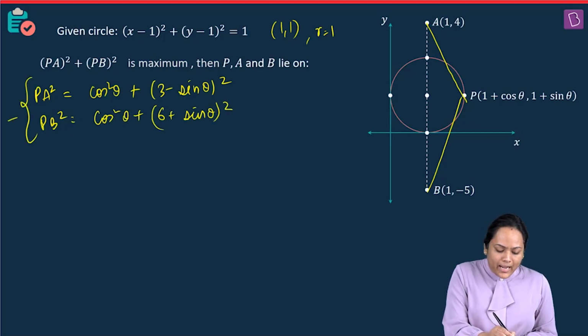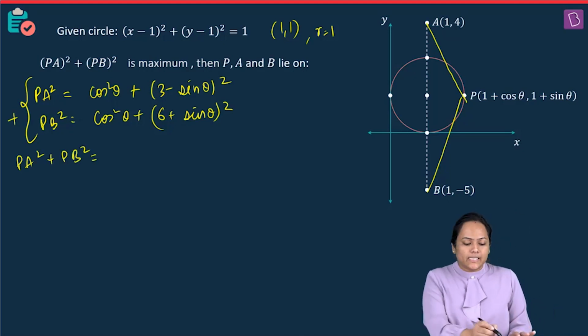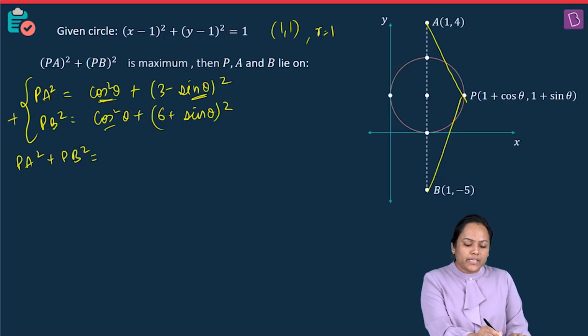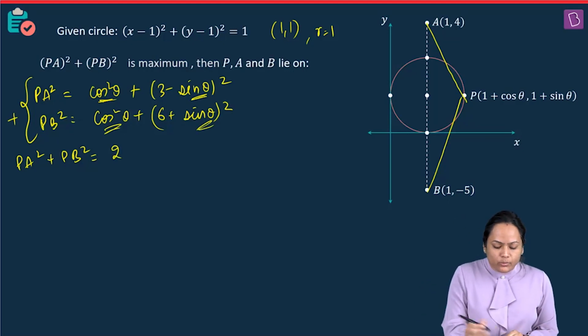And now when I add, I'm going to get the summation of PA square plus PB square as, now guys, you can clearly see that cos square theta and here sin square theta will combine and give me 1. Similarly, cos square theta and here sin square theta again will combine and give me 1, right? So my 1 plus 1 value is 2.